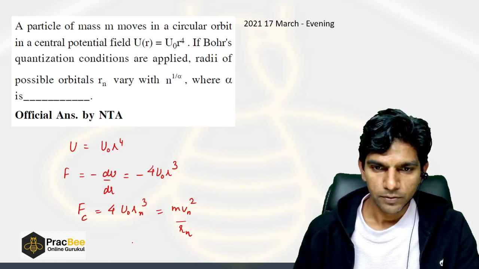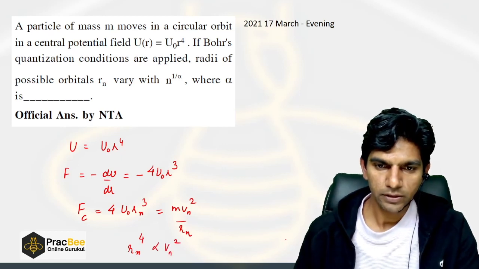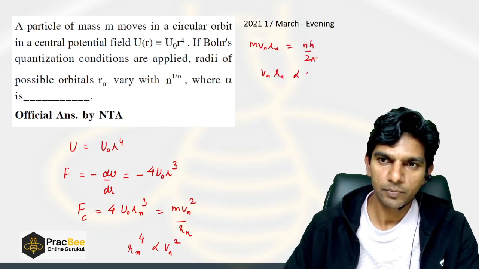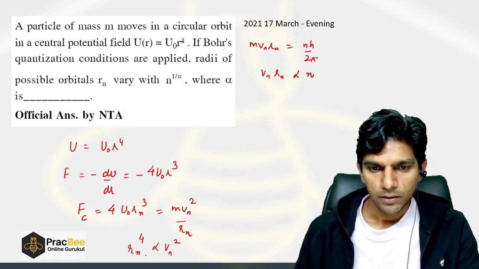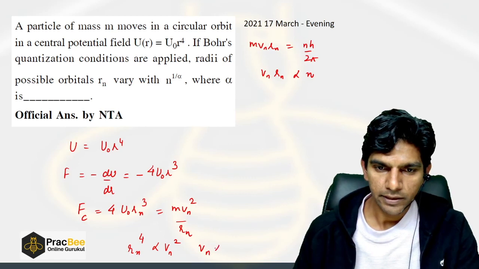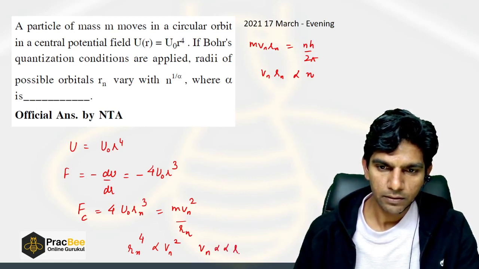Okay, so we can say Rn raised to power 4 is directly proportional to vn square, and we know that m vn Rn is equal to nh upon 2 pi. So we can say vn Rn is directly proportional to n. So we can say vn is directly proportional to Rn raised to power 2, right?